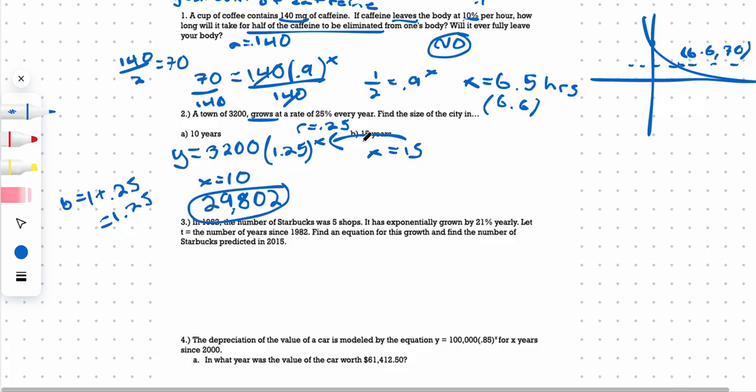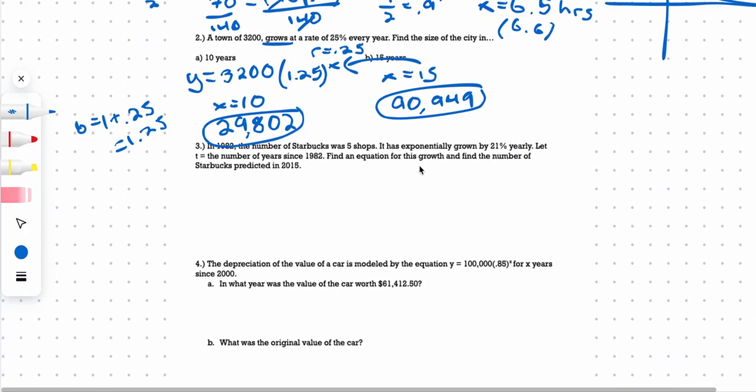And we get something around 90,949-ish, something around there. Okay, so we see this town is growing very rapidly.